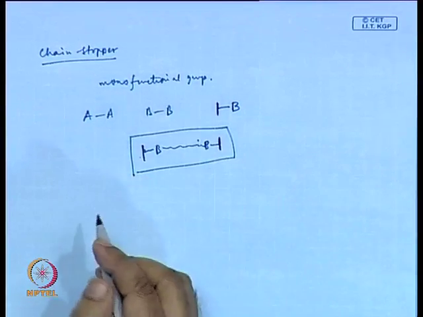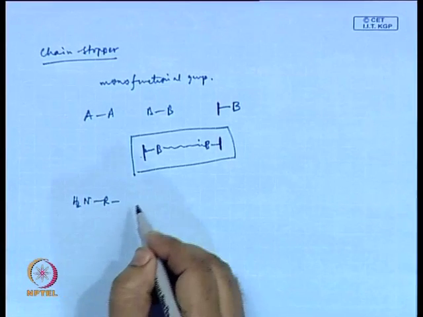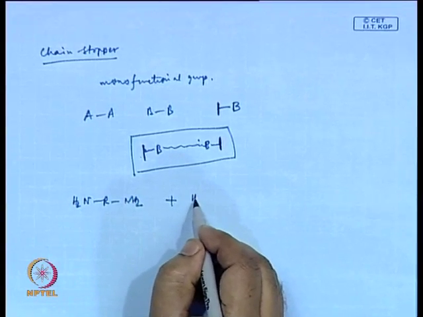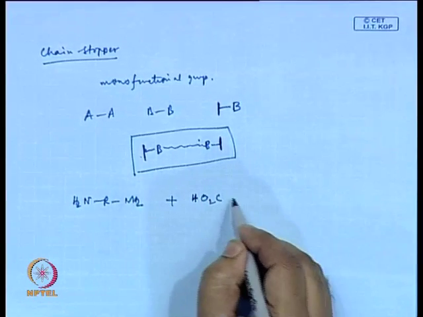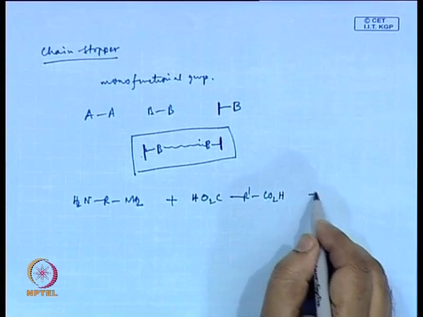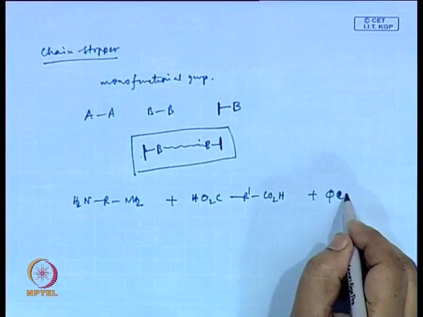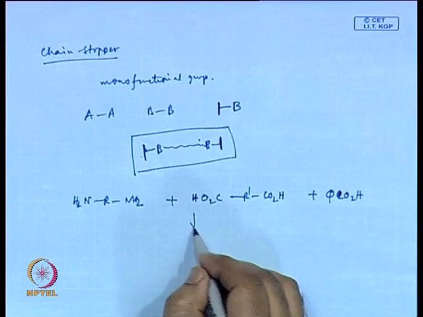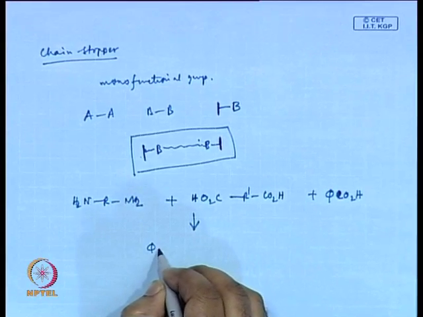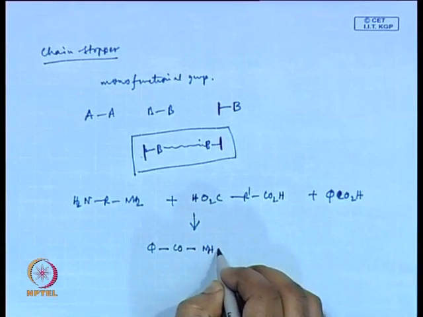Let us take an example. Again go back to the same polyamide formation. If I add a benzoic acid, you are going to get a molecule something like this.